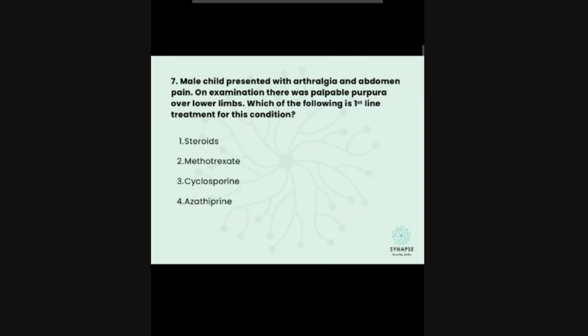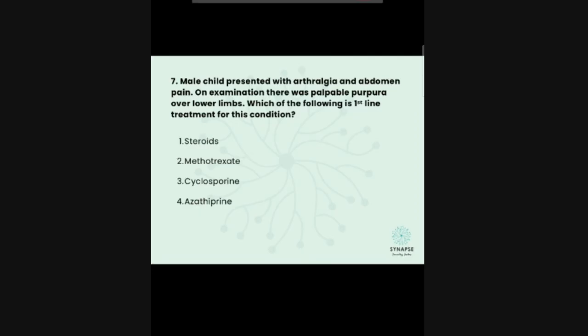This is a vasculitis. The most common vasculitis in the pediatric age group is IgA vasculitis, of which Henoch-Schonlein purpura is a part. In most presentations, initially it will not present as palpable purpura. Before the palpable purpura appears, they will have arthralgia, or sometimes severe abdomen pain, so they will be in search of surgical causes.